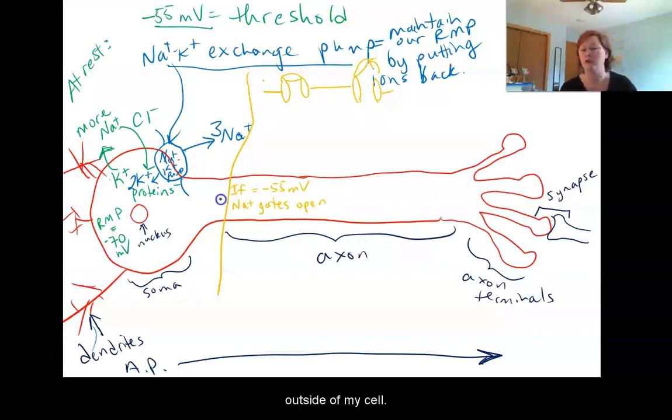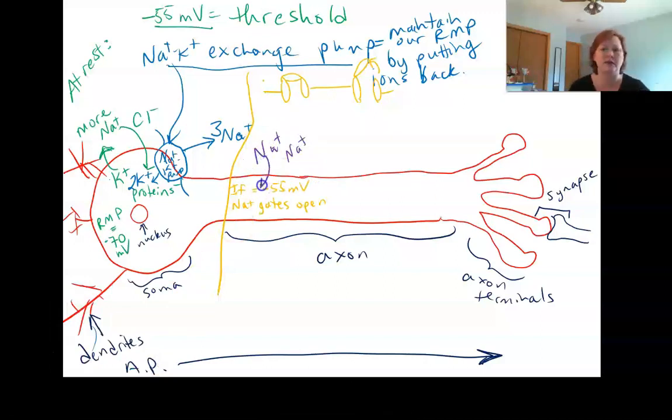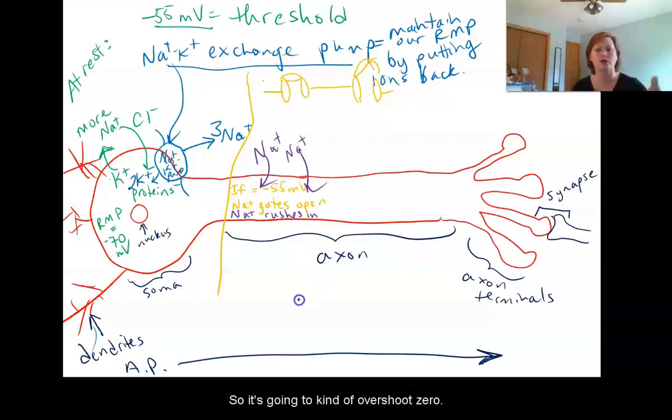I have more sodium on the outside of my cell. So that means I have sodium out here. And if I open a bunch of doorways in my membrane that allow sodium to fit through, sodium is going to pour in. So sodium rushes in. And it's going to do that until the inside of my cell hits +30 millivolts. So it's going to kind of overshoot 0.